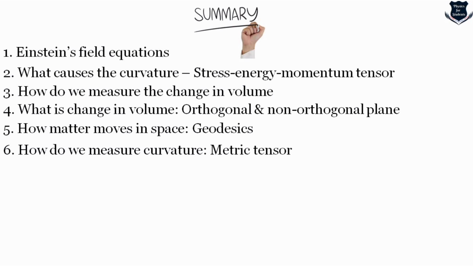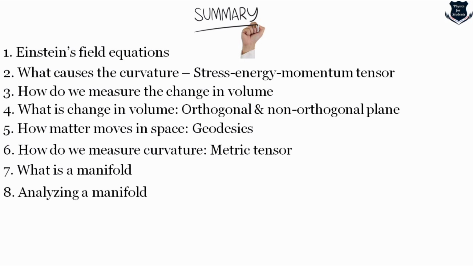We also learned how we measure our curvature, that is the metric tensor. We learned thoroughly what the metric tensor is all about. If you want to understand the real derivation of the metric tensor, go to my video in the general relativity playlist, called metric tensor. You will get a further mathematical understanding. What is a manifold? Very important, because on those manifolds things move.